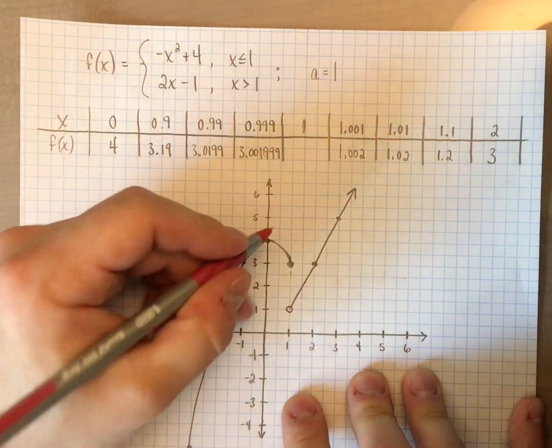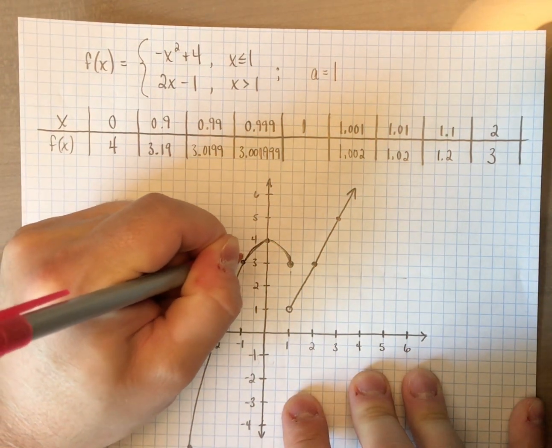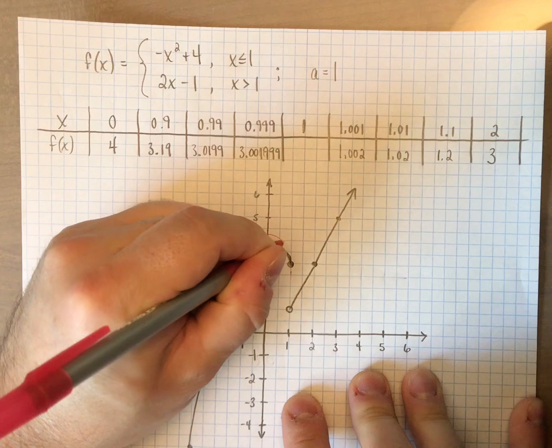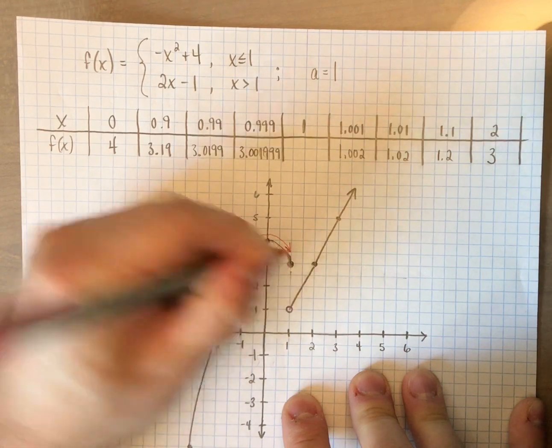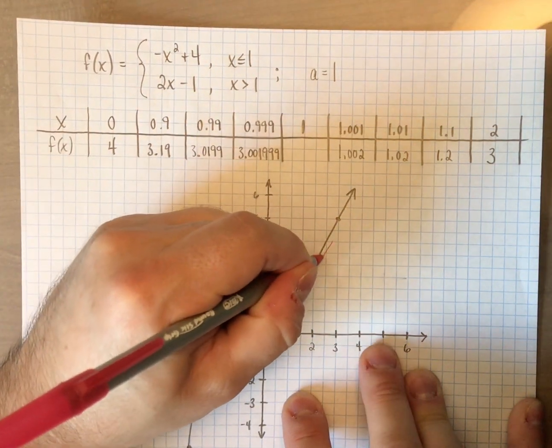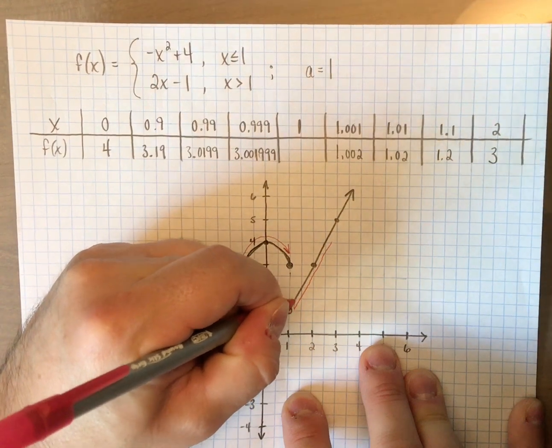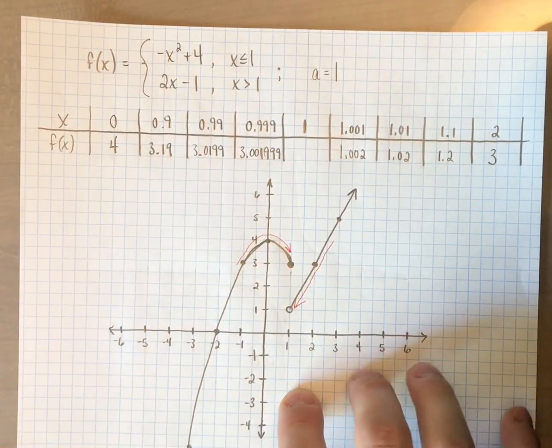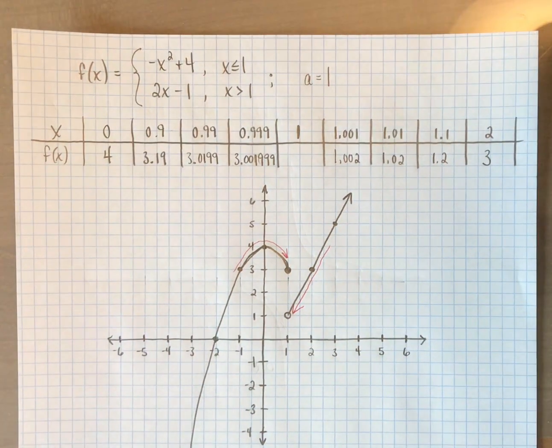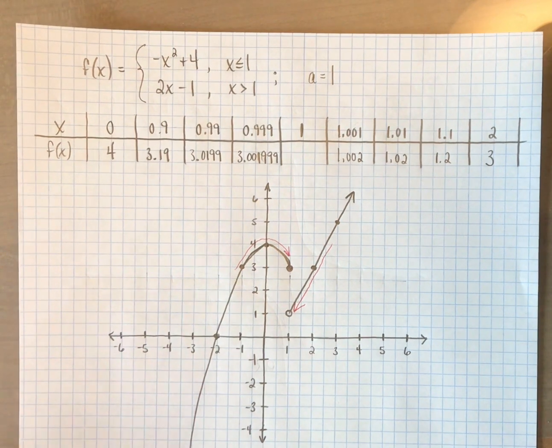Once again, what we see here is tracing from the left towards our target value and tracing from the right towards our target value. In this case, neither of the arrows is going infinite, but they're definitely not meeting up at the same point, which does coincide with what we saw when we did this numerically.